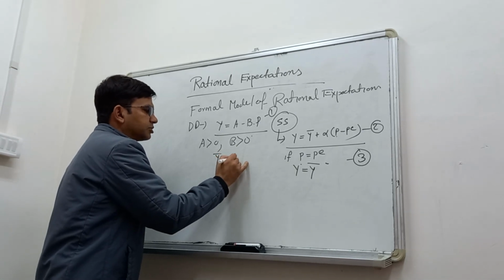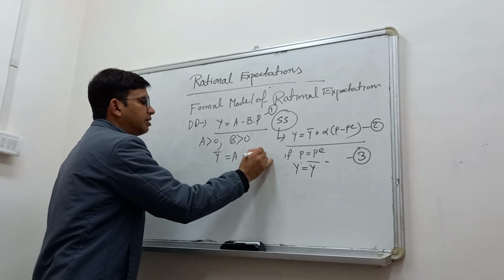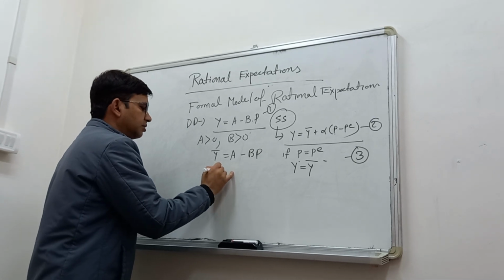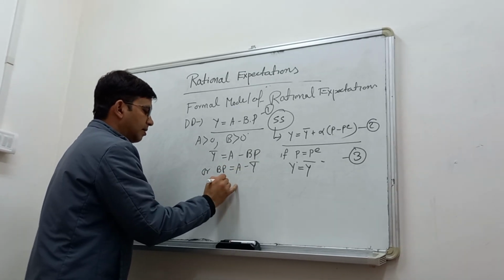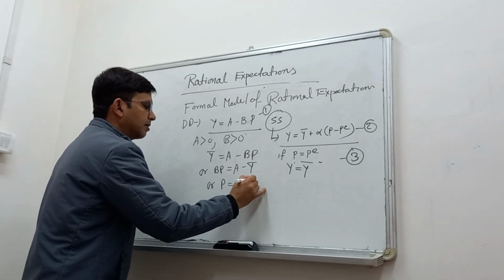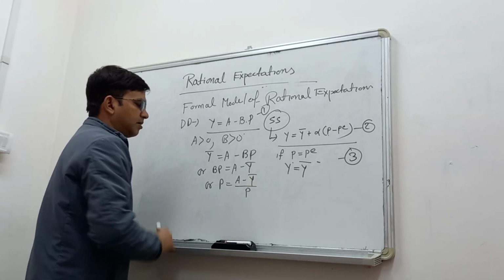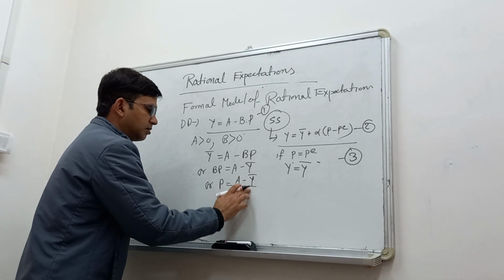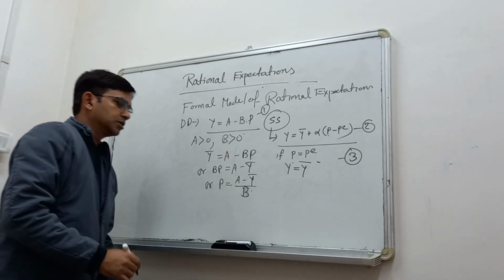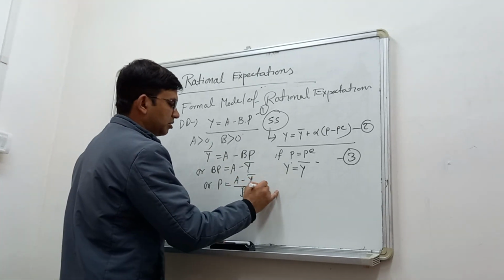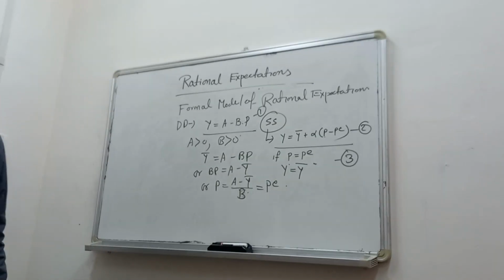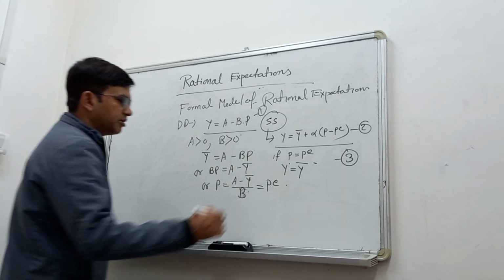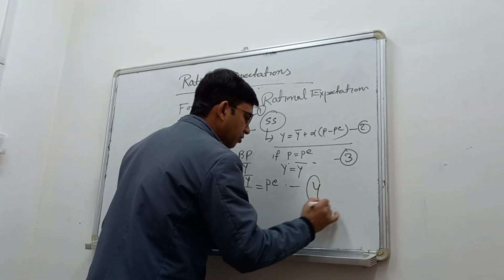Y bar equals to a minus bp, so this is equals to actual price and this will be equal to the expected price. So we give this name equation number 4.